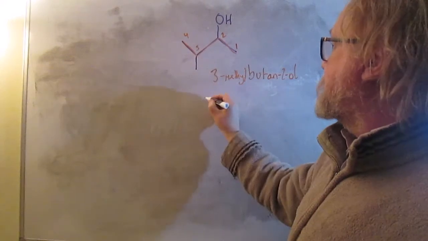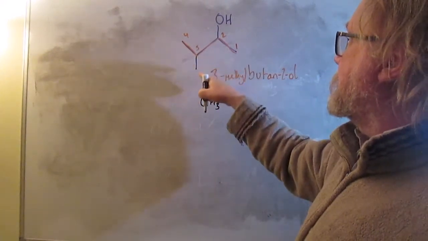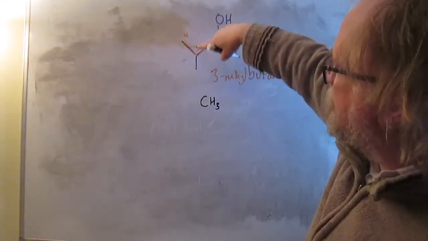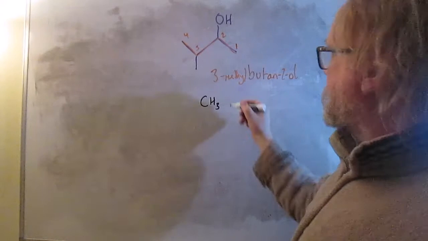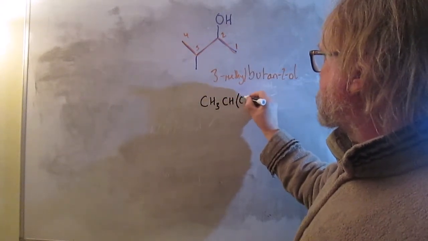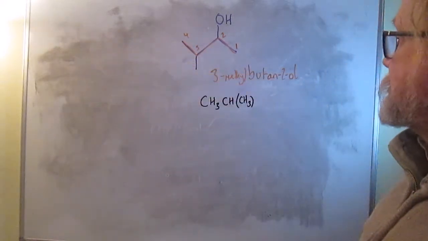So I'm just going to start with the CH3 there, and then say, right, here's the next carbon. It's going to be CH because you can see there's only one hydrogen there to take the bonds up to 4, so it's CH and then brackets CH3, because this CH3 is a branch.